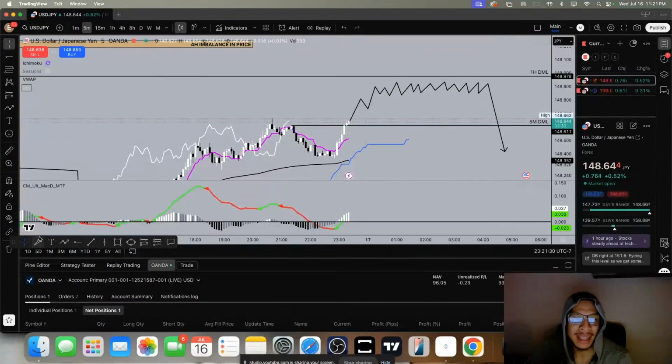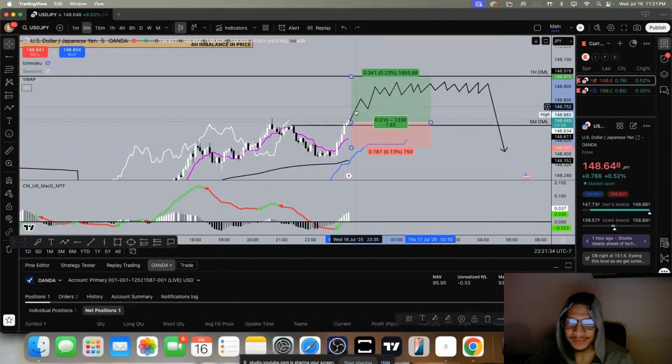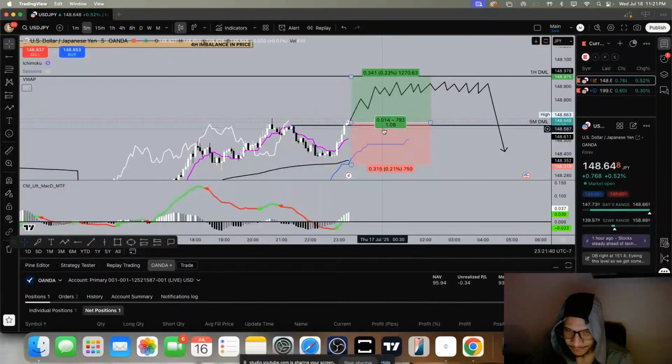Because at the end of the day, if I were to take this, this is about where my stop loss would be. Look at my risk to reward. It's just not significant enough. You know what I'm saying? And I know I am taking a 1-to-1 right now on gold. However, we're talking about different capital, right?